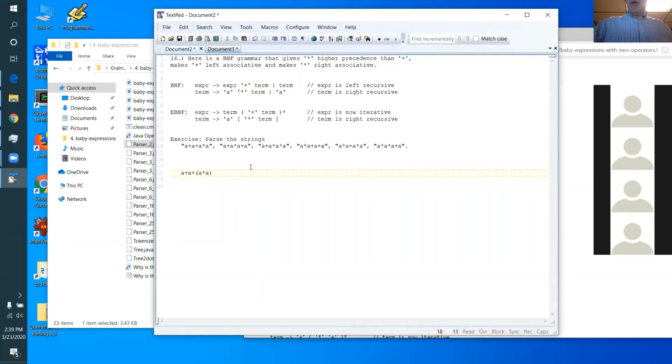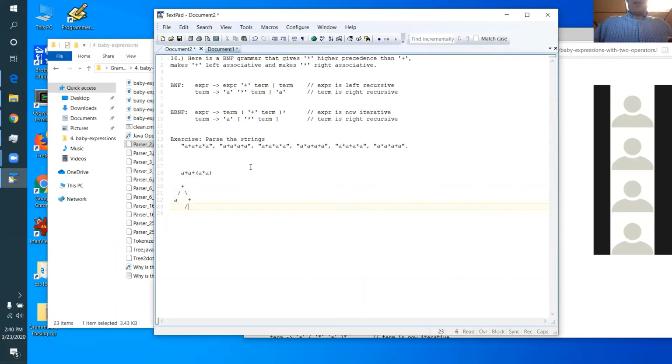So that would end up being parsed as the first plus with an A to its left, and to the right of that plus is another plus.